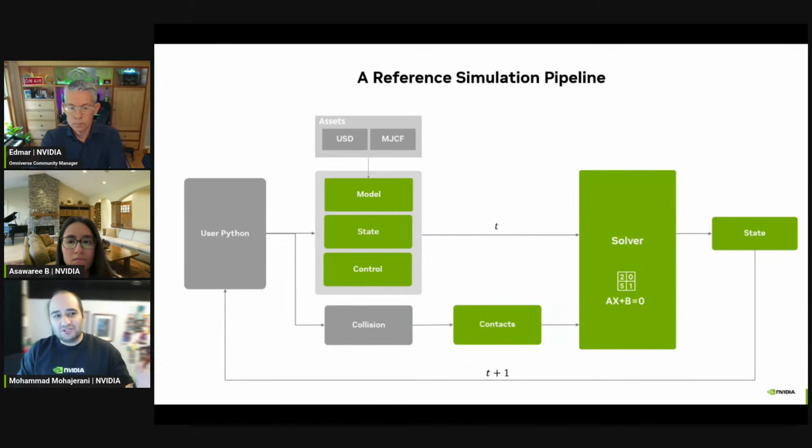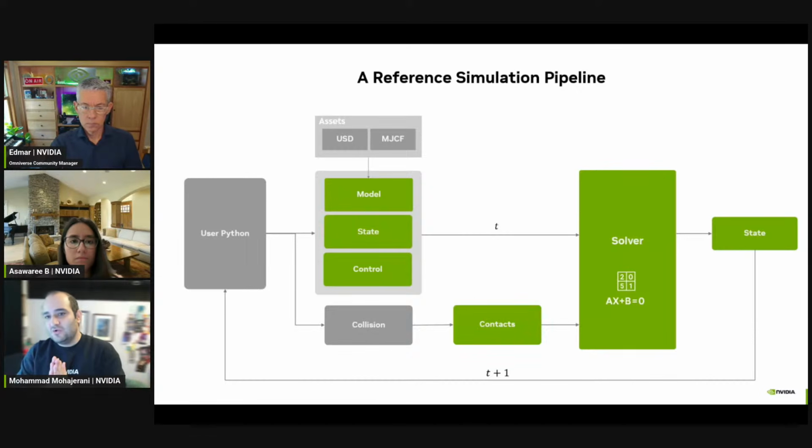Traditionally, one canonical way of building a simulation is that you ingest your data assets, build a model, initialize your state, do some control logic, let's say in a Python environment, then do collision detection, broad phase, narrow phase, find the contacts, and then solve your constraints and contacts and advance the simulation. This is probably a very common way of doing it.